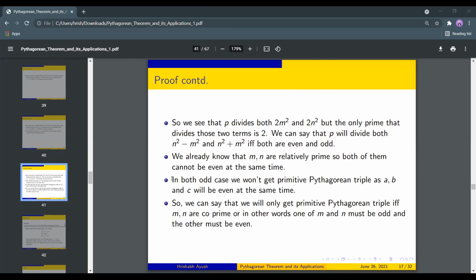So in both odd cases, we won't get a primitive Pythagorean triple, as a, b, c will be even at the same time, and we want that a, b, c are not all even. So does that make sense? What I mean is we have a square plus b square equals c square.